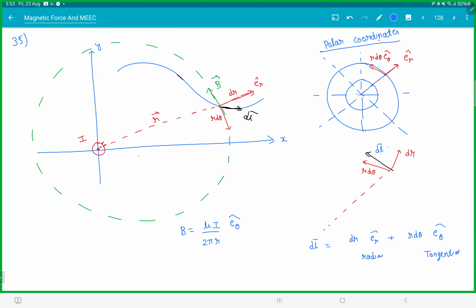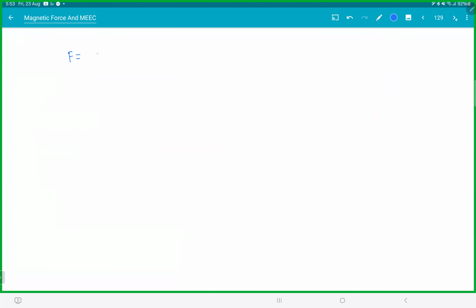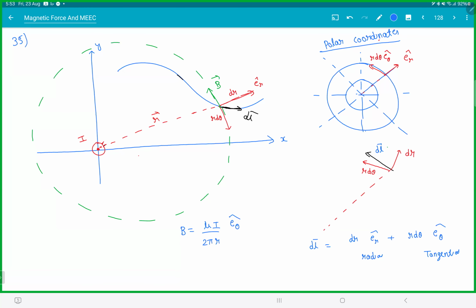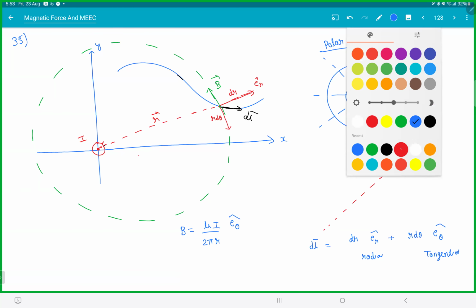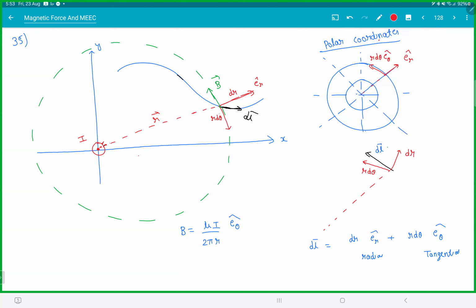Then you're done. What is the force? Force is equal to current I dl bar cross B bar.